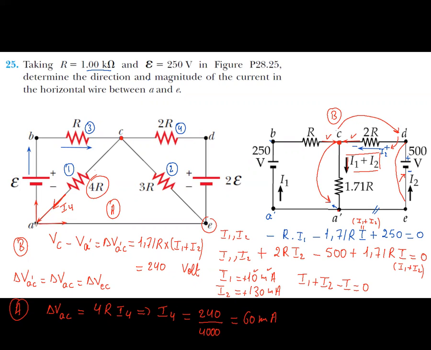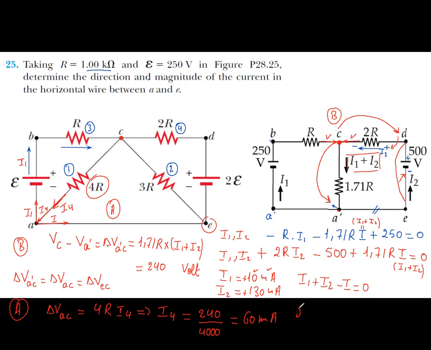If the value is positive, it's the right direction. If the value is negative, we have to put the opposite direction. Now we choose this direction, and here already we have I1, here we have I4, and here we have I. I4 is in, I and I1 are out.